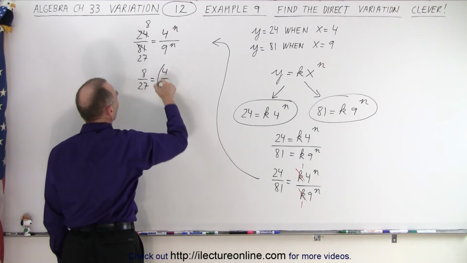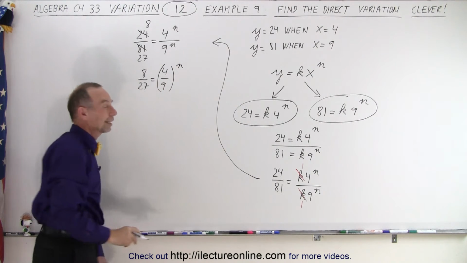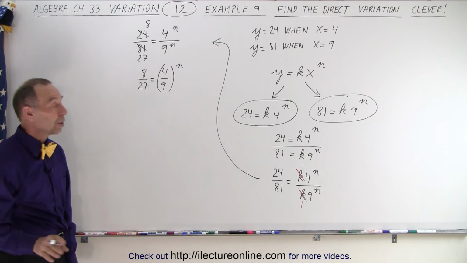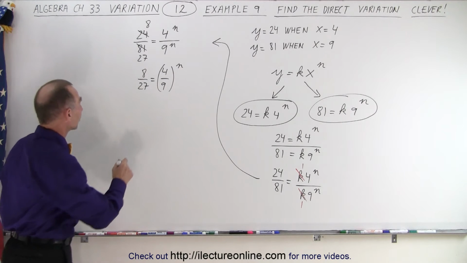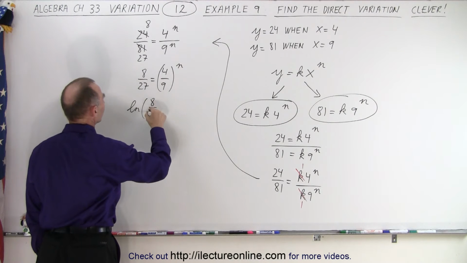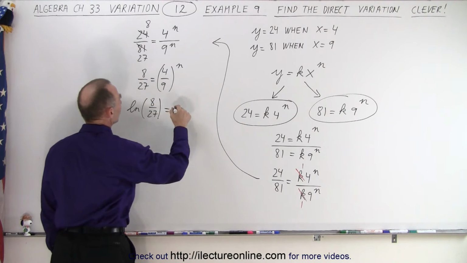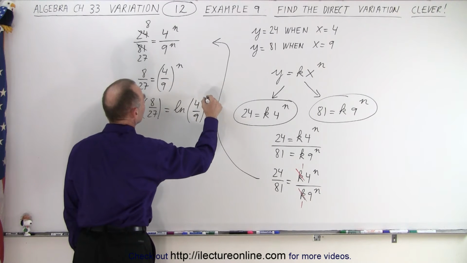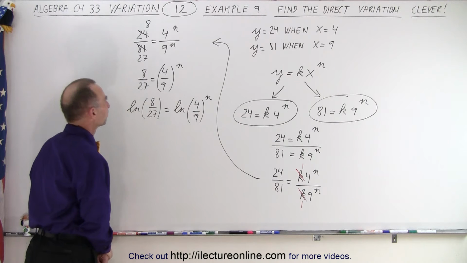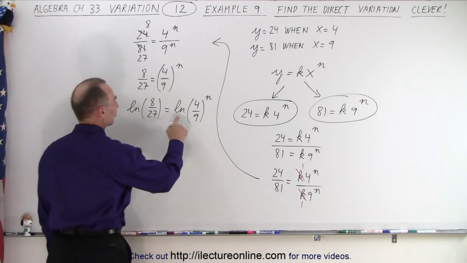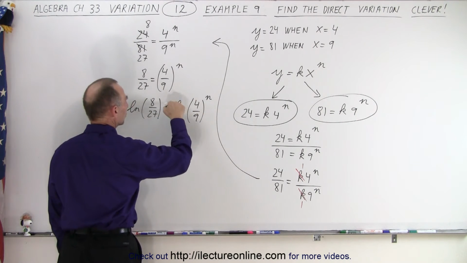And I can write that to the n power like this. Now I can take the natural log of both sides. The natural log of 8 over 27 is equal to the natural log of 4 over 9 to the nth power. When I have the natural log of something to an exponent, that exponent can come to the front.